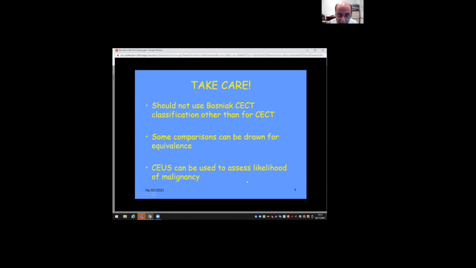We should take care because the Bosniak classification is a CT classification. And we should not be using the Bosniak classification synonymously with MR or ultrasound classification.